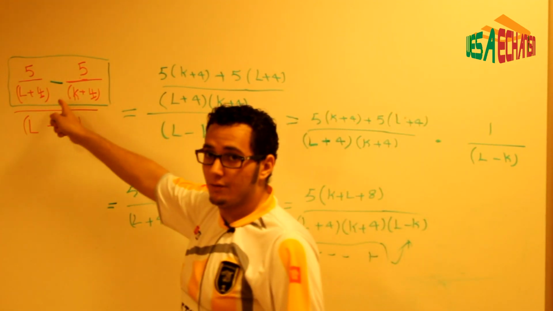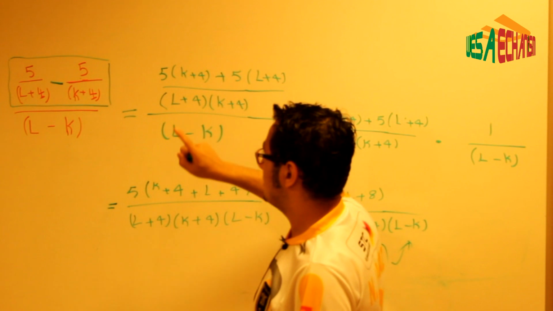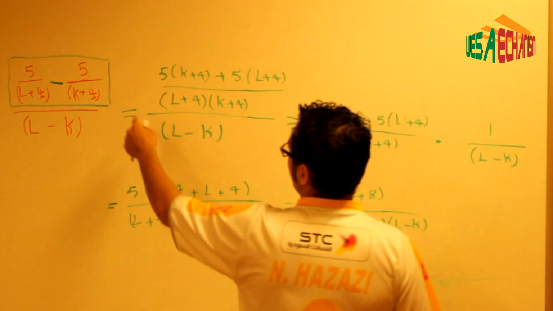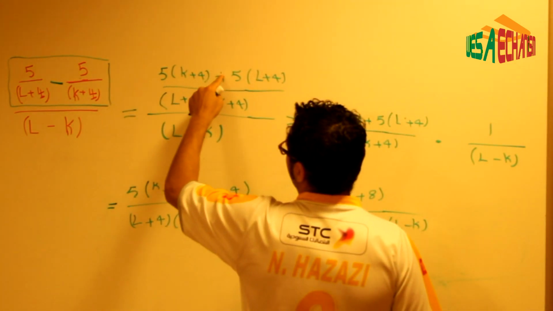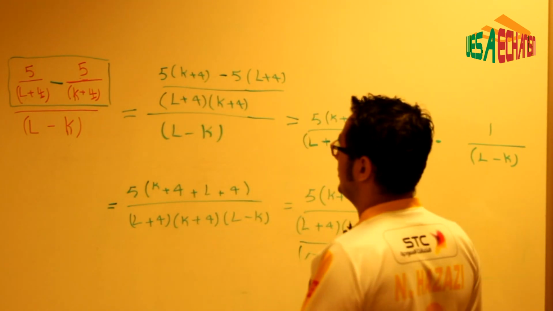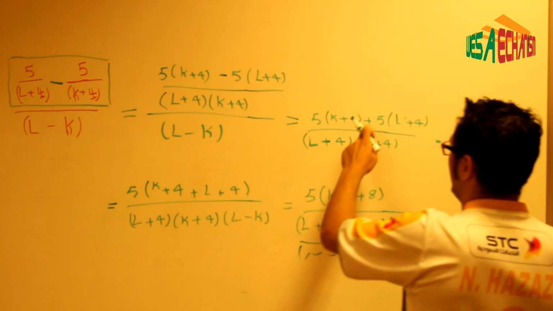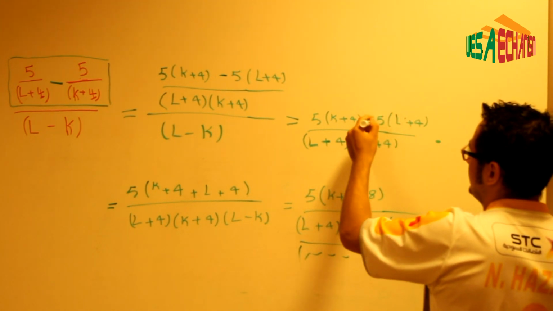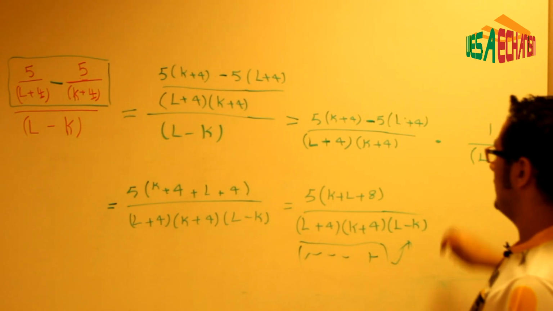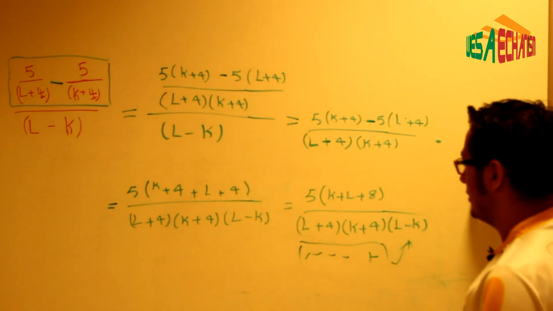If we have negative in here, we will come up with the same denominator in here, but the thing is that this is going to be negative 5. What is this going to change? We put negative 5 in here again. Okay? Everything will be the same for the moment.